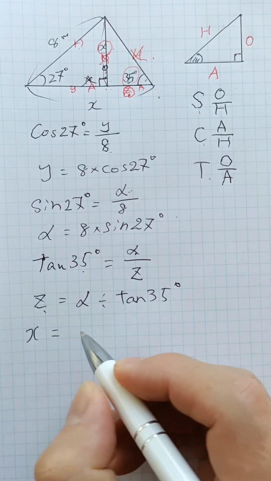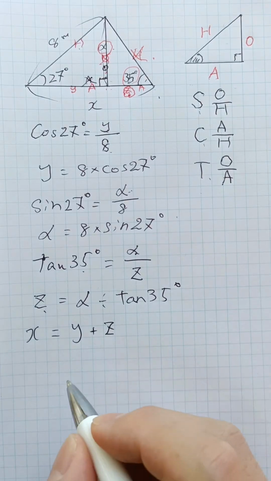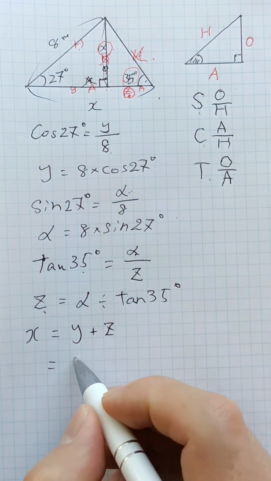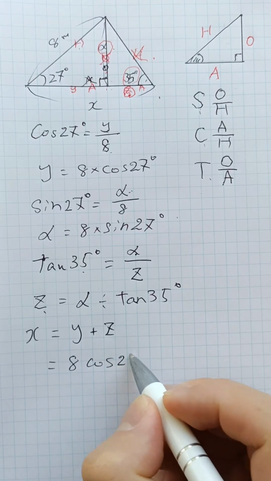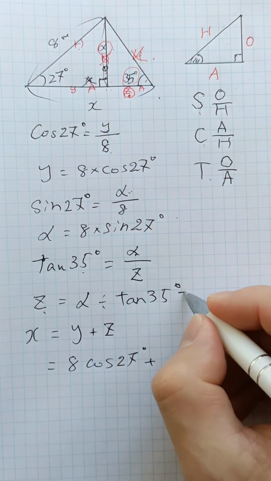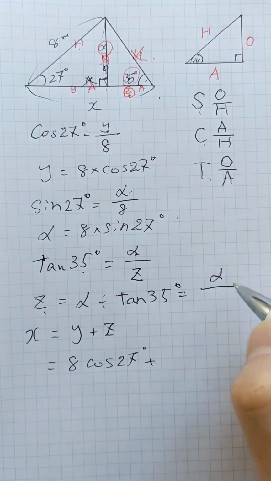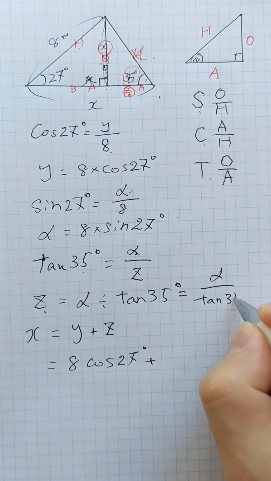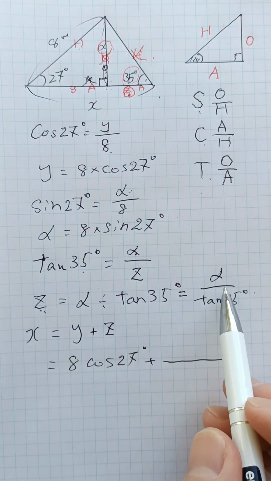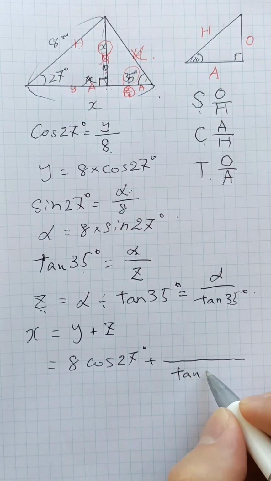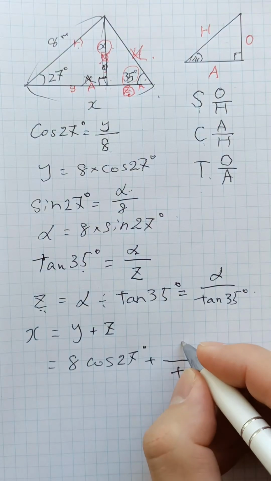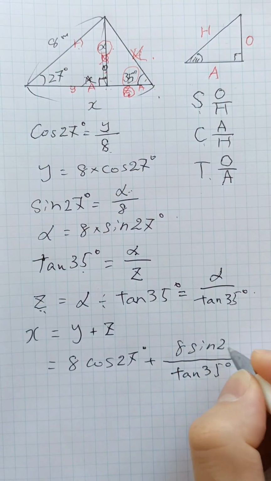So X equals Y plus Z, which means Y is 8 times cosine 27 degrees, and then plus Z. I will swap this one into a fraction like that. That's exactly the same meaning, isn't it? Okay, so in this case I put Z as this one, tangent 35 degrees, and on top of it Z was 8 times sine 27 degrees, wasn't it?